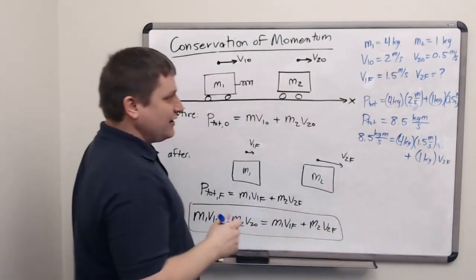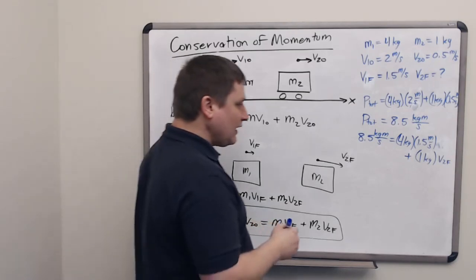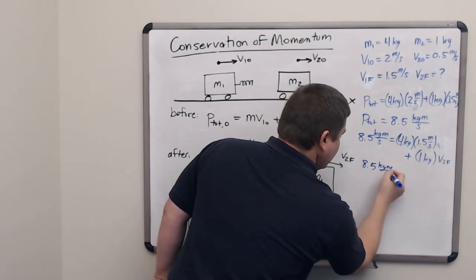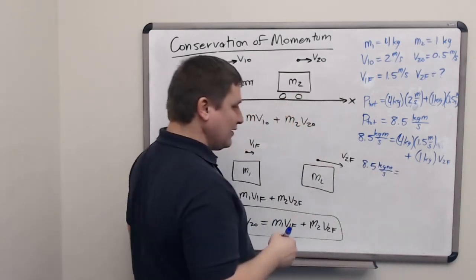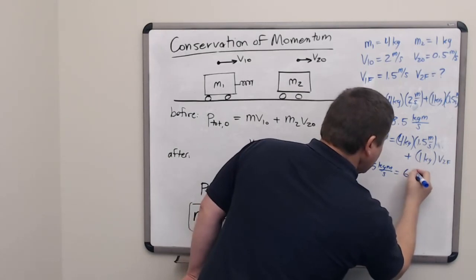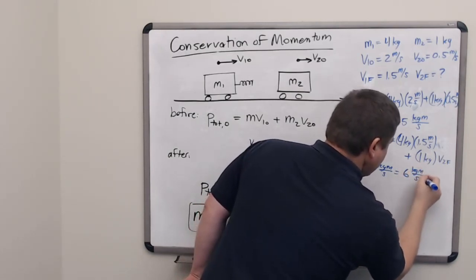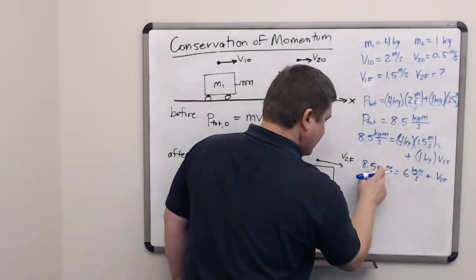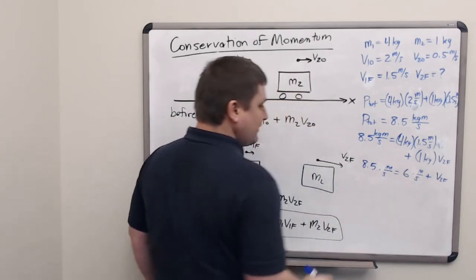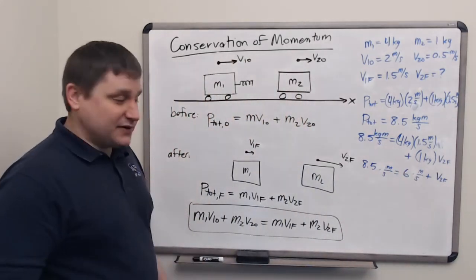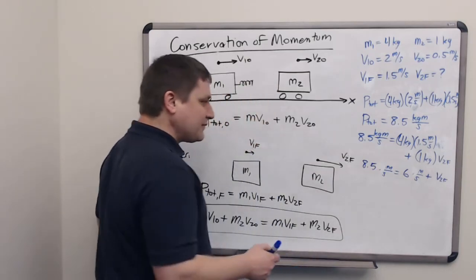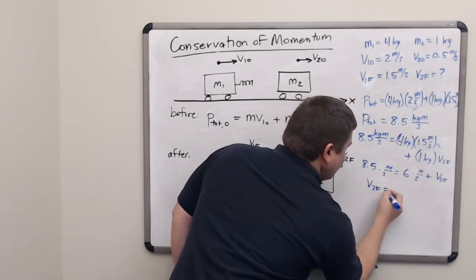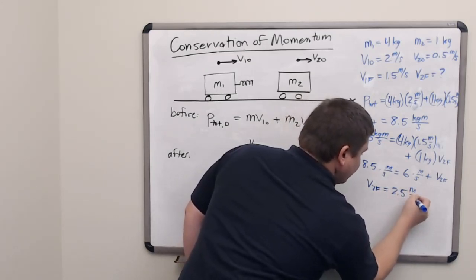And V2f is a variable, it's unknown. So let's just work on simplifying this then. Four times 1.5 is 6. So I can get rid of the kilograms on all the terms by dividing by 1 kilogram everywhere. So I got 8.5 equals 6 plus V2f, so that means V2f must be 2.5 meters per second.